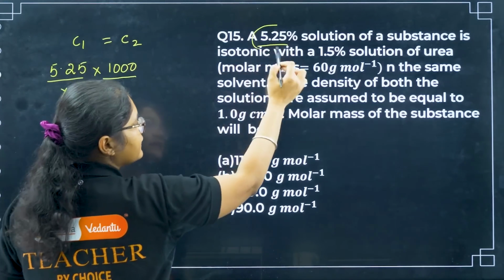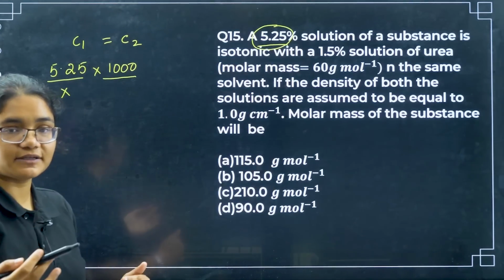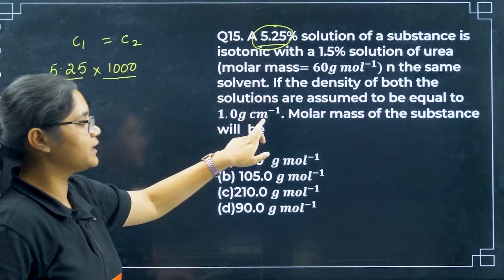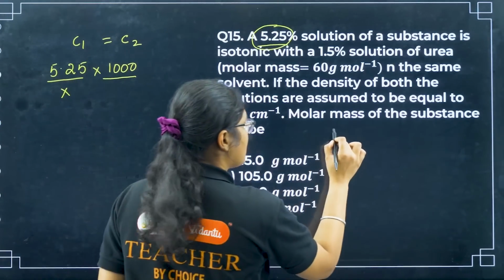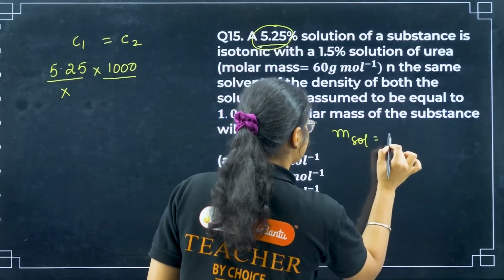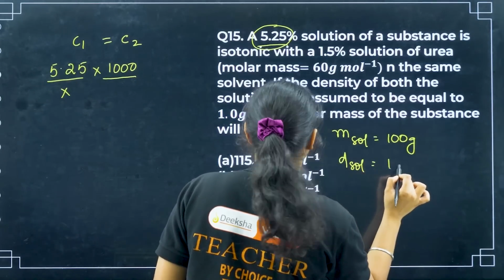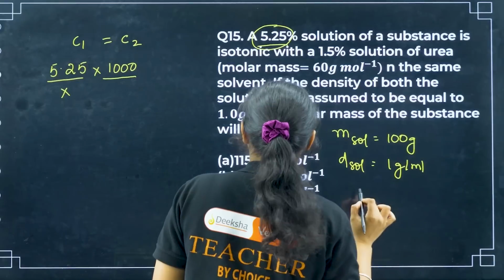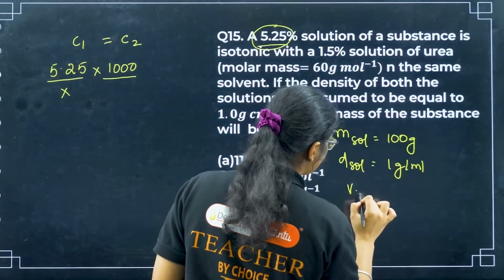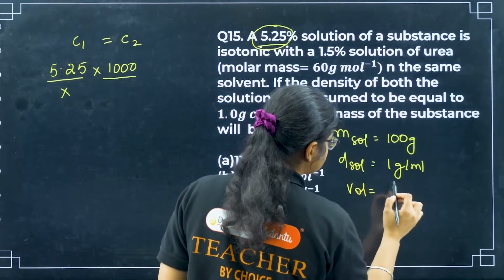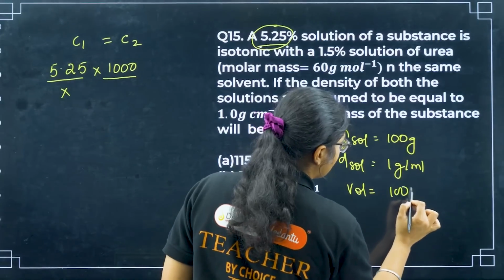So if it is in percentage, mass of the solution is 100 gram, and here the density is 1 gram per ml. So see, the mass of the solution is 100 gram, right? Density of the solution is 1 gram per ml. Then I can say that the volume of the solution will be what? Mass by density, so I will get 100 ml, right?